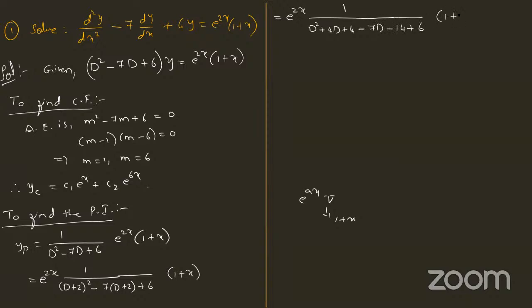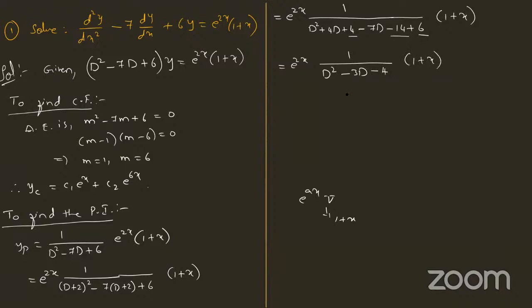And of course this 1 plus x we write as it is. So it is e power 2x times 1 divided by, first the square term, D square. Then we have 4D minus 7D, which is minus 3D. And if you add all the constants, 4 plus 6 is 10, 10 minus 14 is minus 4. And this you are operating on 1 plus x.